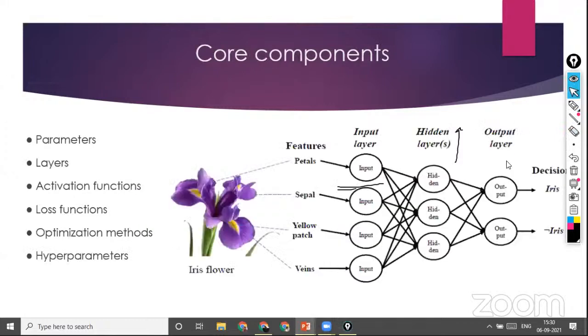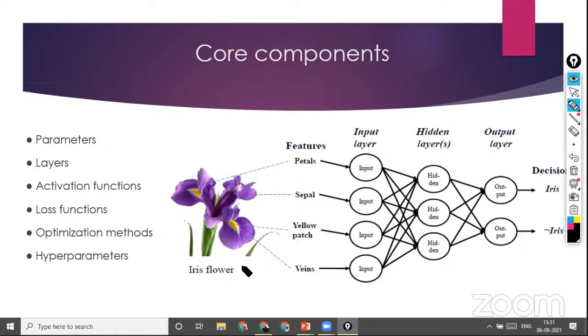Now let's see some of the very basic components in a deep learning scenario. This is a simple deep neural network, or you can say a deep feed forward network. This is an iris flower classification problem, unlike the iris flower classification problem that we have already seen.